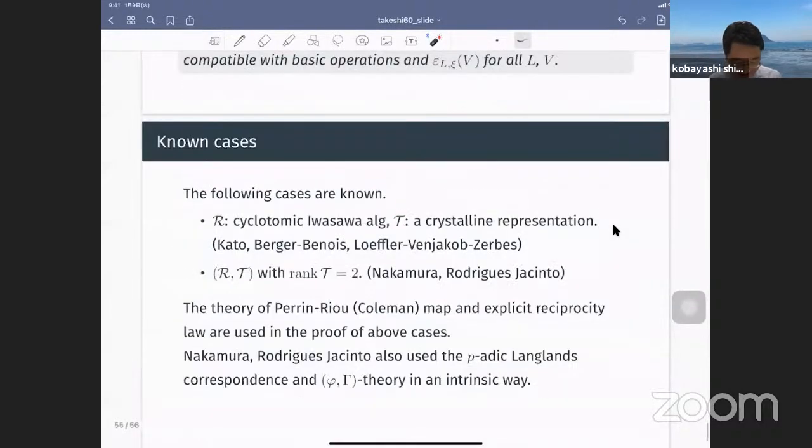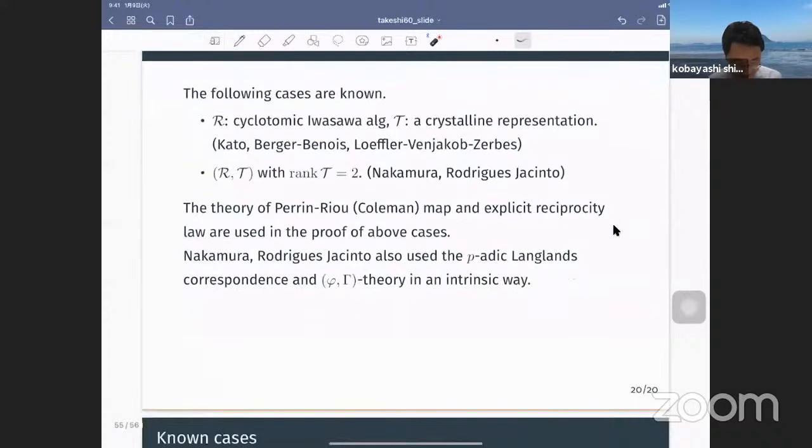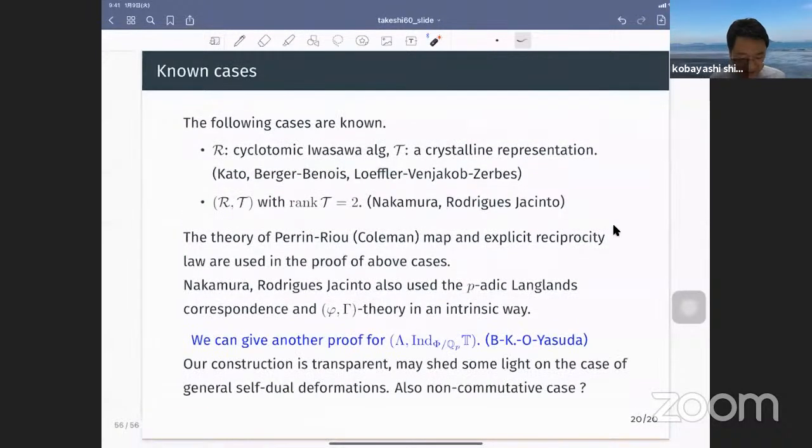Kato's epsilon conjecture is shown for such cases. Especially Nakamura's result is very strong. Almost all rank 2 cases are proved. And our case is not the commutative case. Our case is like this. So this is rank 2.